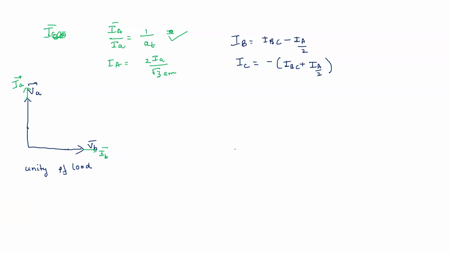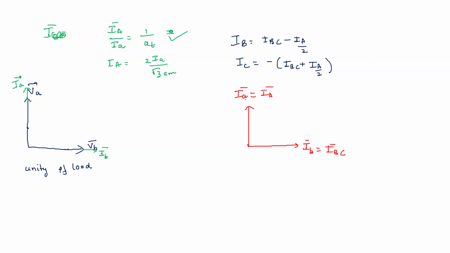Now you see what happens. So here, IA, because it is in phase with the VA, it is leading the IBC by 90 degrees. IB or IBC. Okay? And here capital IA.